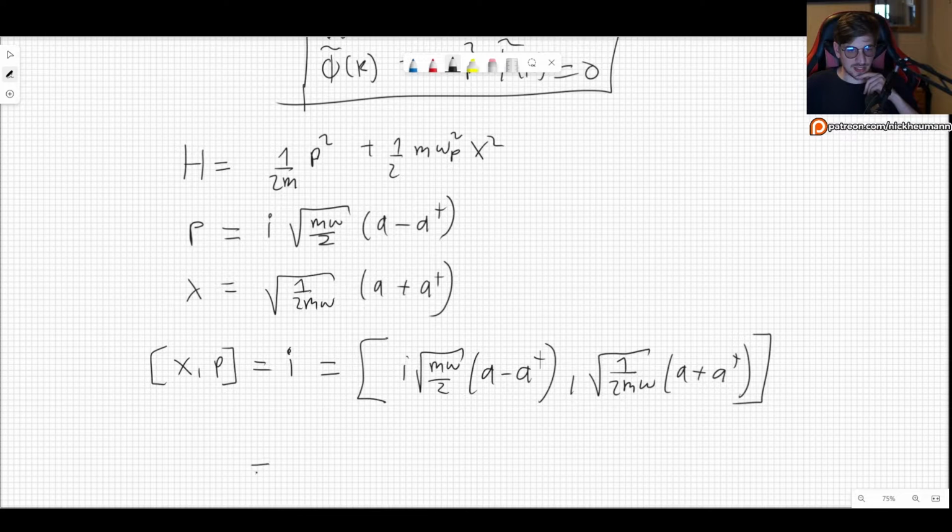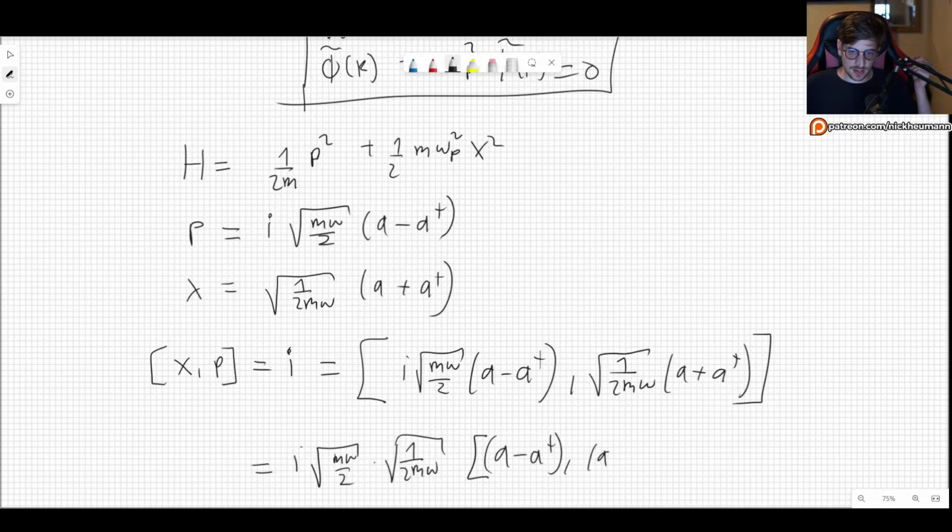So now we can take all of our constants. So we can take i and then square root of m omega over 2 times the square root of 1 over 2m omega. And then we have the commutator of a minus a dagger, comma, a plus a dagger.